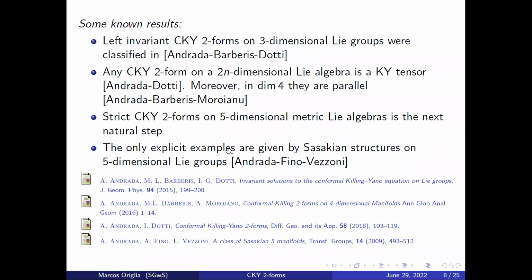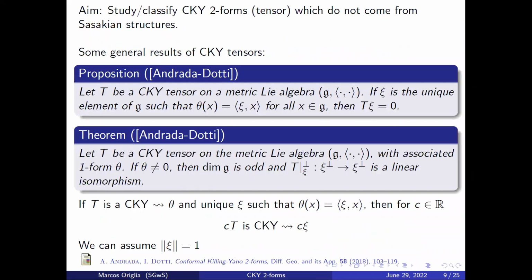So we will use this idea in our setting to classify some class of conformal Killing two forms. This is the first part of our paper with Cecilia. So our motivation was just to try to find examples of these conformal Killing two forms which do not come from a Sasakian structure, right?